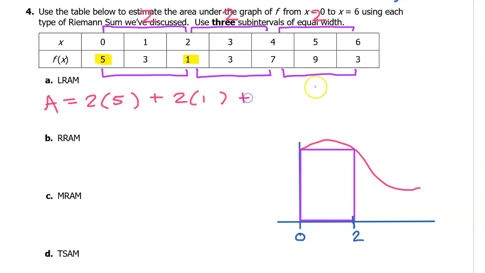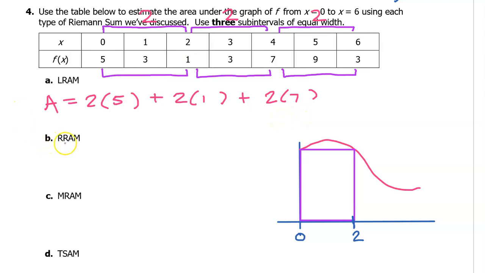And for the third rectangle, the width of the rectangle will be 2, and the height is going to be 7. The left side of the rectangle gives you the height of the rectangle. So this would be the answer for left rectangle approximation. You could just leave it like this. You're welcome to calculate it out and get a single answer if you want, but for me and for the College Board, this is perfectly fine.